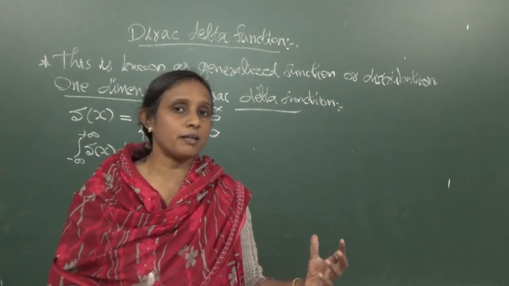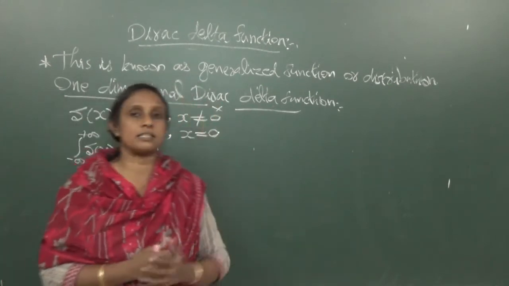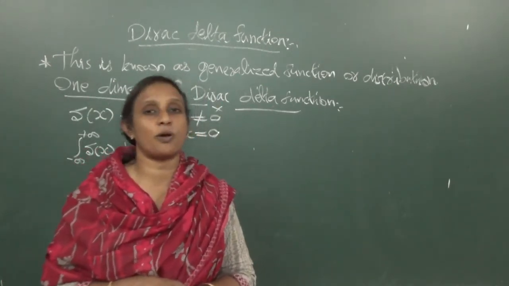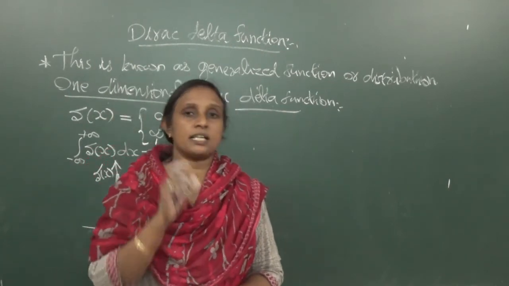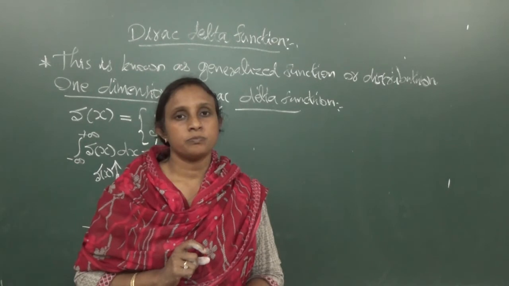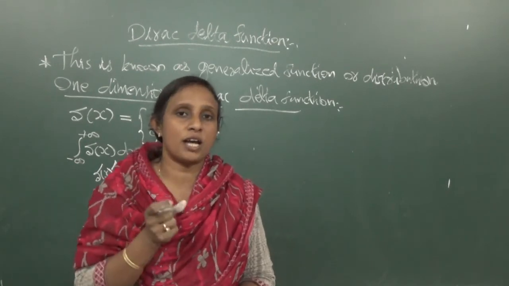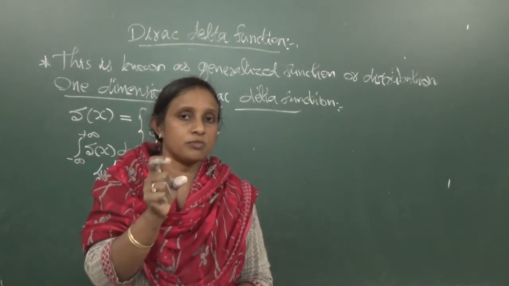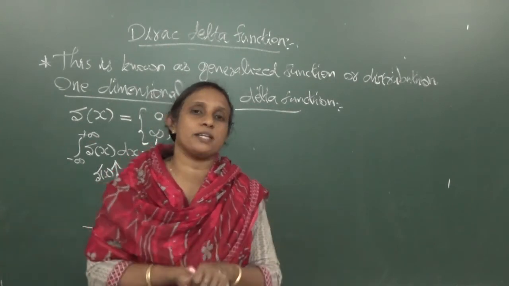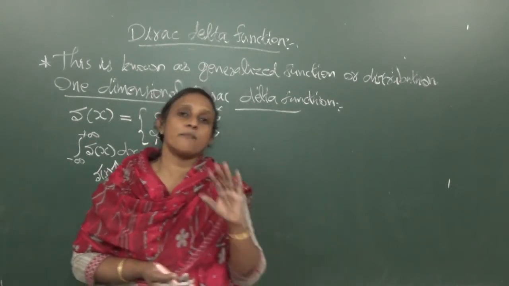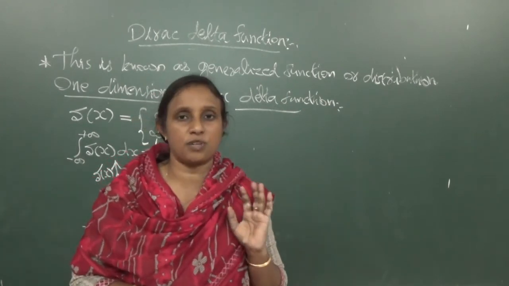Now you can compare this with the earlier discussion of the density of a point particle. We see that the density of a point particle has a very high value at the point where it is located, and if you take its volume integral, it is always a finite value.